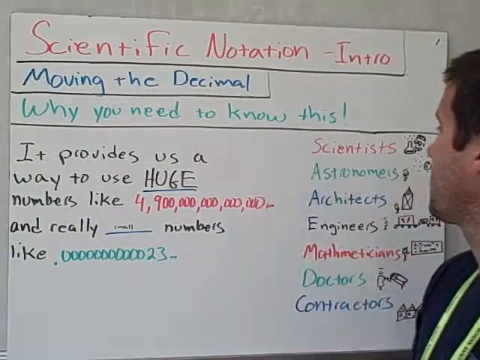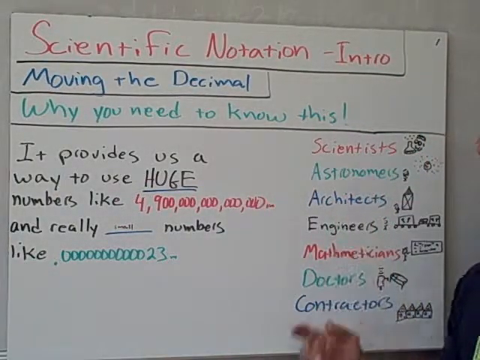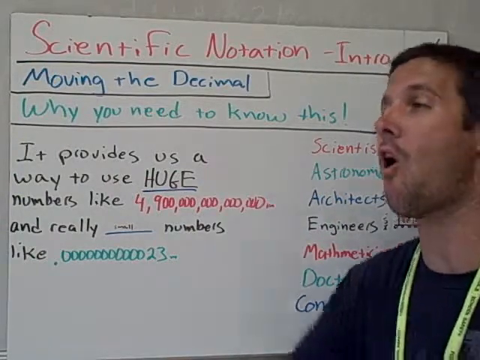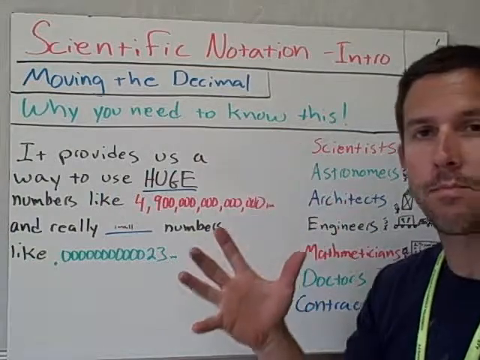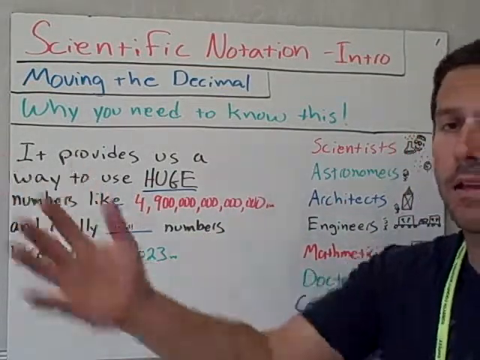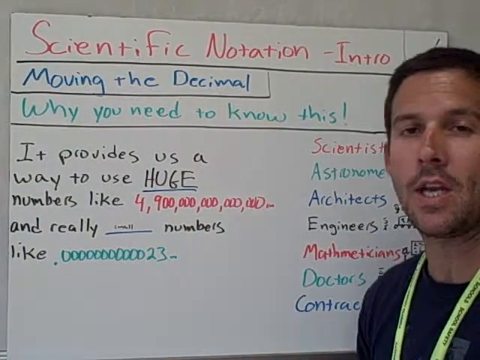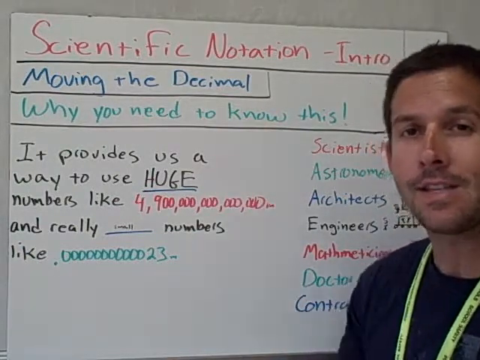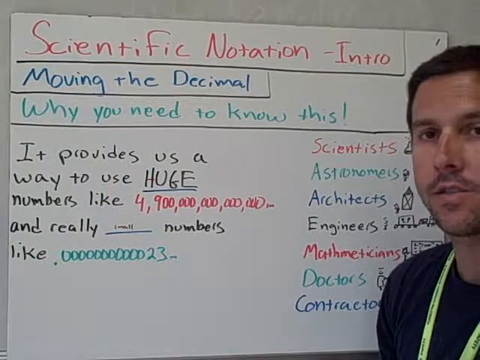Well, who uses this? Well, we have scientists, astronomers, since they're talking about distances from here all the way out into space. Architects, when they're building buildings, they have to know how many inches or feet something is, and it may be a long number. Engineers, they may be building machines or factories, and they have to design things with very specific distances or numbers.